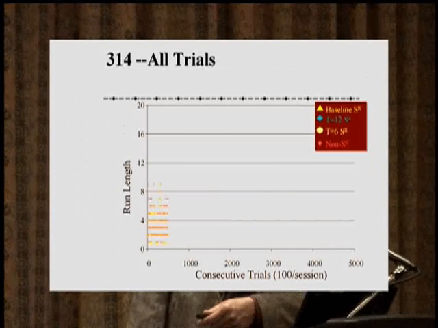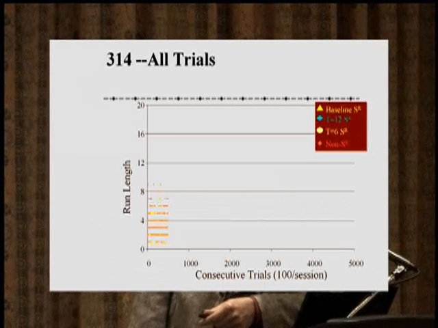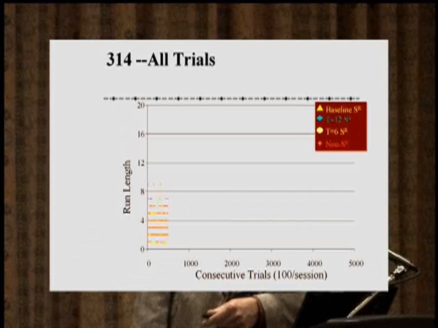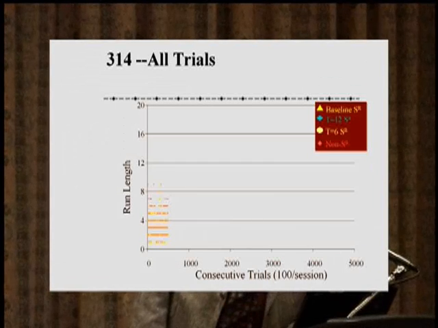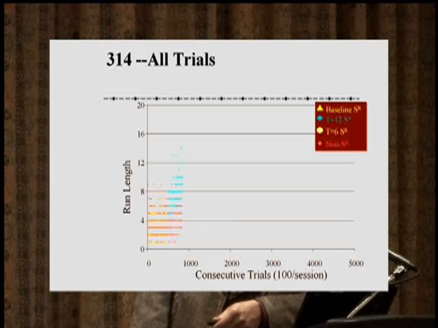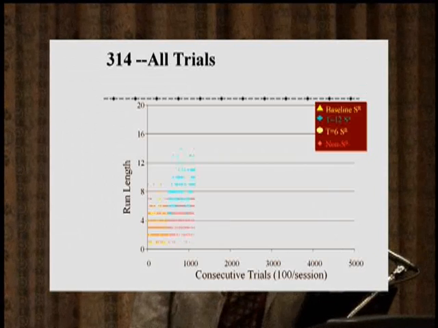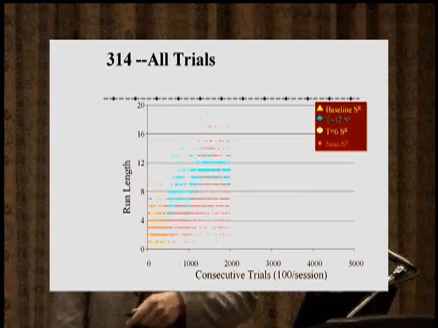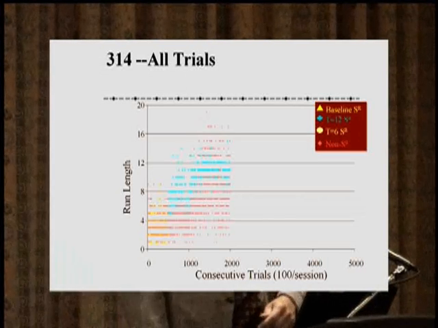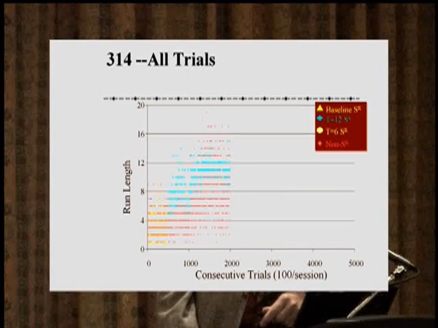As you move up, things that used to get reinforced before, run lengths of 6, as they become more and more frequent in the distribution, run lengths of 6 no longer produce reinforcement. As you come up further, runs of 8 and 9, which used to produce reinforcement, no longer do so, etc. And you can see that the distribution of reinforcements and responses collapses nicely over the target.